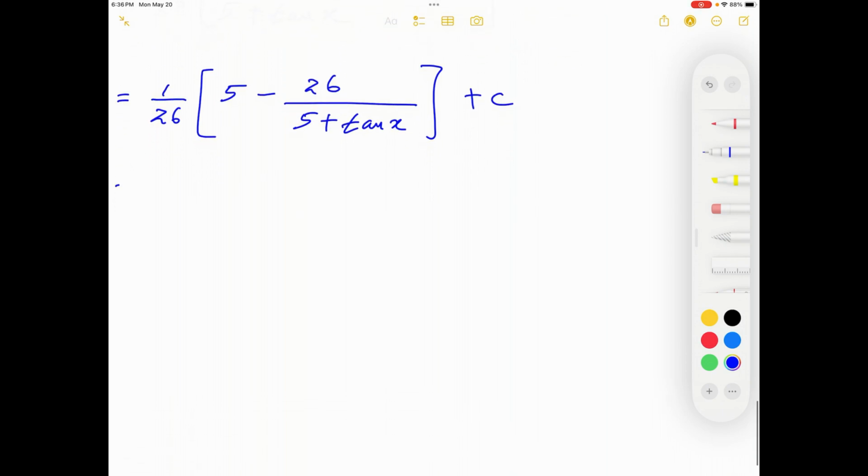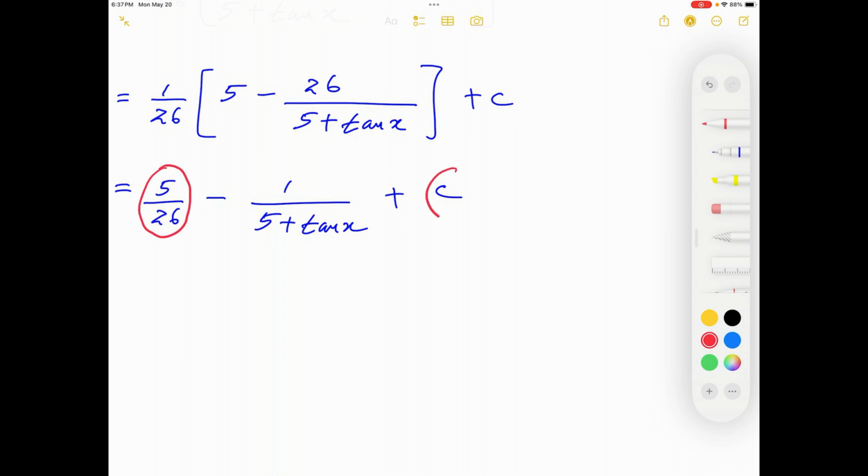Now I can do some further simplifications. I'm going to distribute this 1 over 26 into each of these two terms inside the brackets. When I do so, I get 5 over 26 minus 1 over 5 plus tangent x, and then I have a plus c. Well, 5 over 26 is a constant. Plus c right here is also a constant.